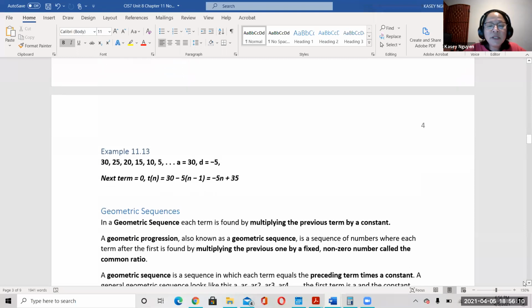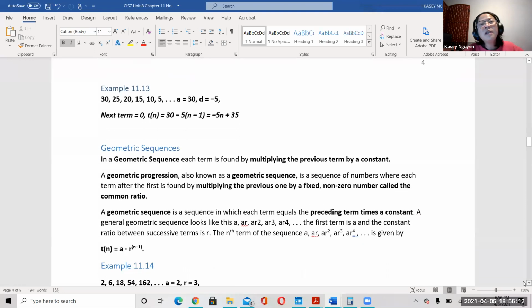So in geometric sequence, in the last one, when we talked about arithmetic, we talked about distance, right? And we said that we would add each value by that same constant. In geometric sequence, we would use a value and multiply it by the same constant.